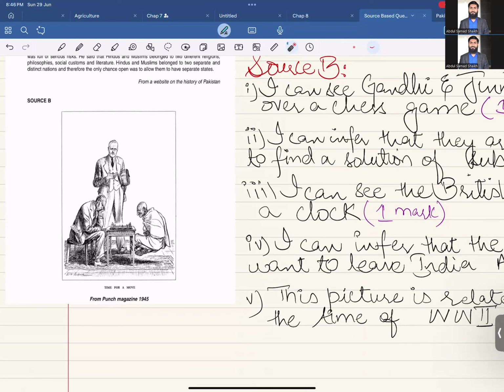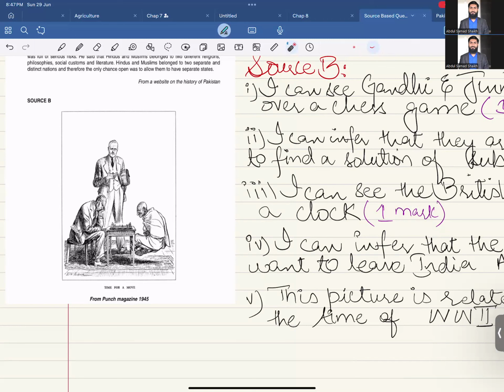However, we find that in the picture, Jinnah is thinking deeply. Below the picture, as I had mentioned, there is going to be a description available. The description says "time for a move", and it has been published from a magazine of 1945, which indicates that this is a picture related to the events of 1945, maybe the Simla conference or elections 1945, kind of like that. Okay, so what can we see in the picture?